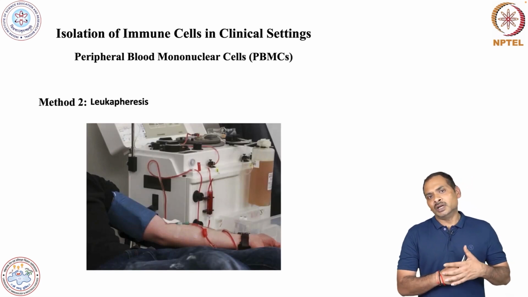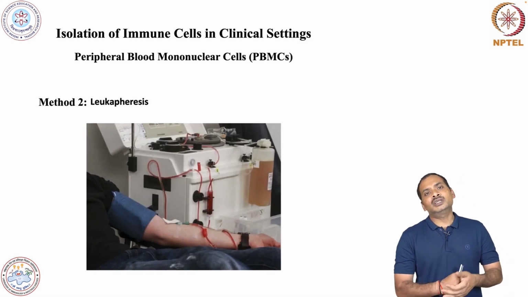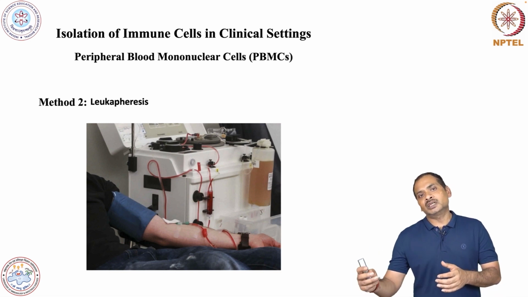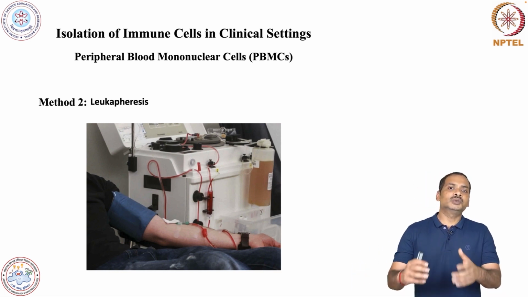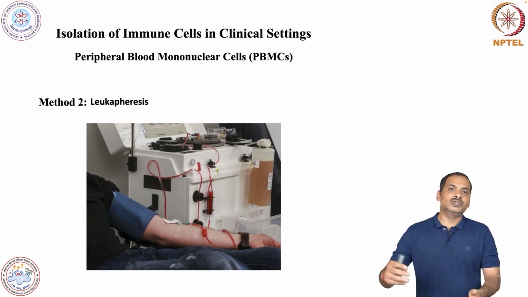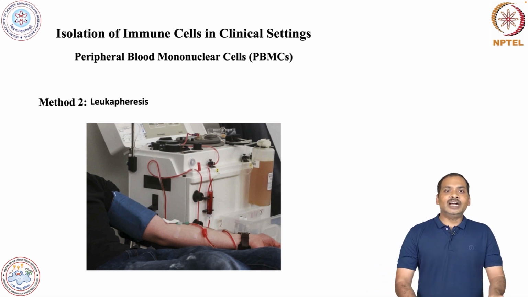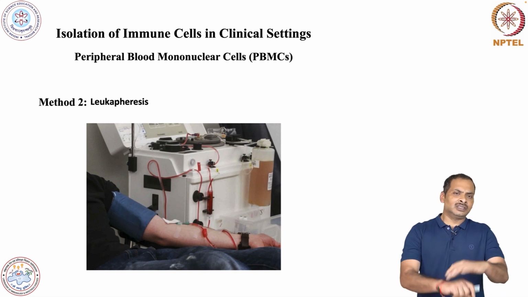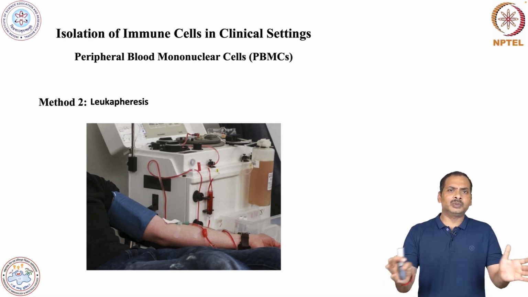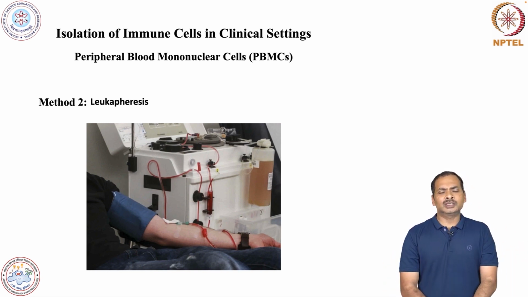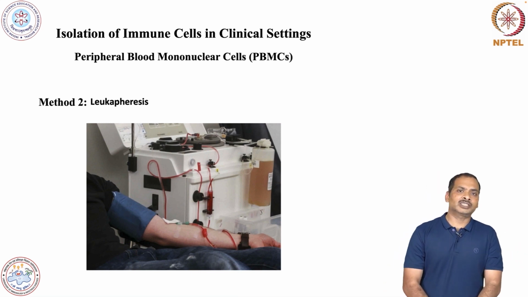The blood goes to this instrument, which separates the RBCs, and the RBCs are collected, and the rest of the immune cells and plasma are transfused back into the individual. This separation is much more common in the clinical setup. We do not use it in our experiments.